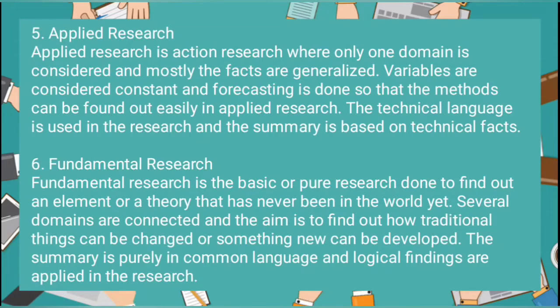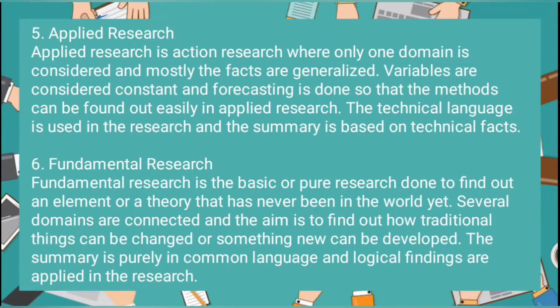In applied research, technical language is used and the summary is based upon the technical facts. Now one thing I want to point out here is that this question from applied research is usually asked, and it is typically asked that dash is a type of research which is action research, and you are given 4 options.